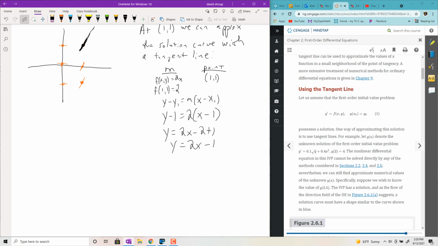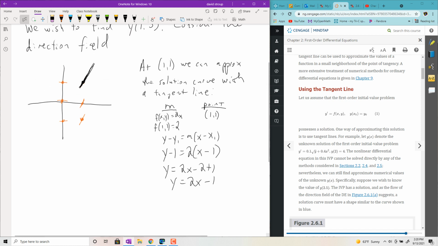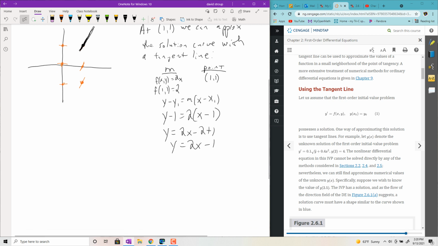I can extend it in the xy plane to whatever my next x value is, however far away I choose. Usually you don't want to choose another x value to be too far away. I'm going to move my x value by 0.1. Basically I want to build towards this value y of 1.5.